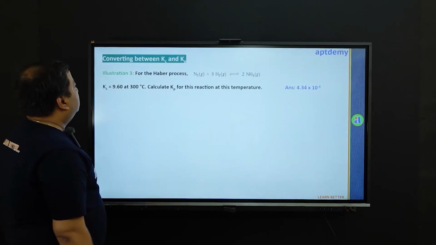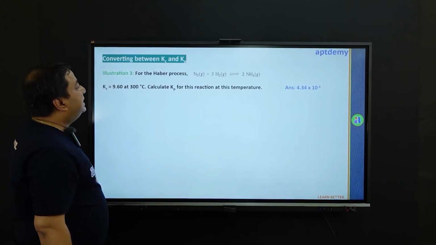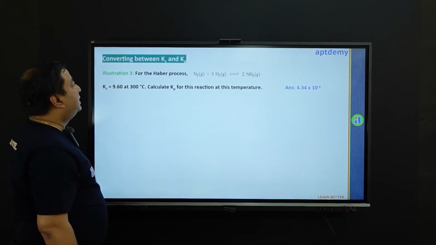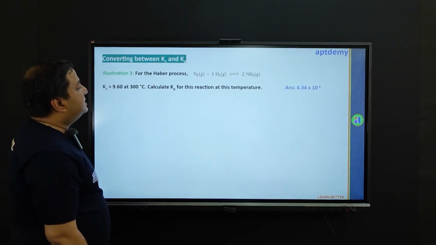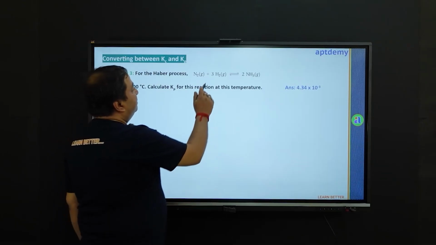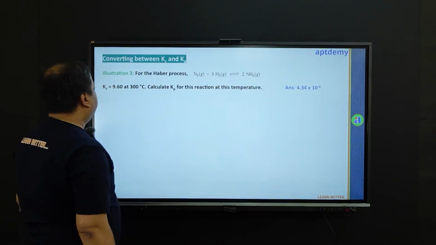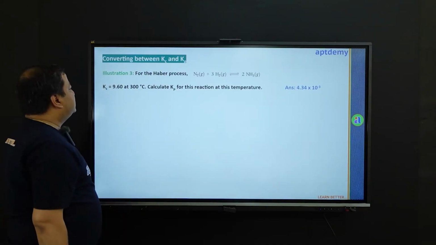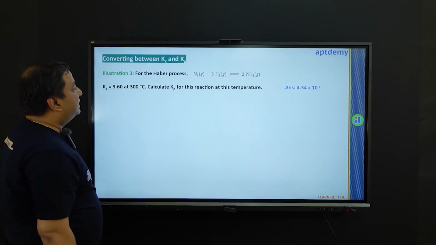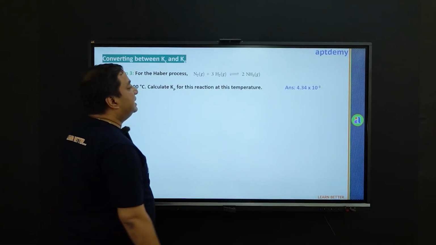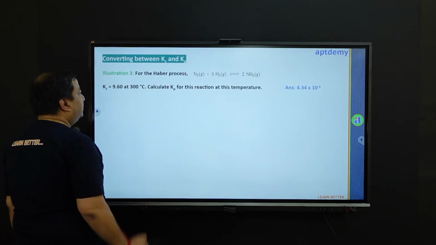So now we will do an illustration in which we are going to be converting Kc and Kp. Illustration 3, for the Haber process, N2 gas combining with H2 forming NH3. The Kc value given to us is 9.6 at 300 degree centigrade. Calculate Kp for this reaction at this temperature. So how do we solve this problem?